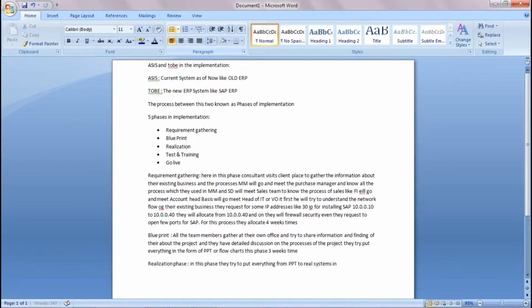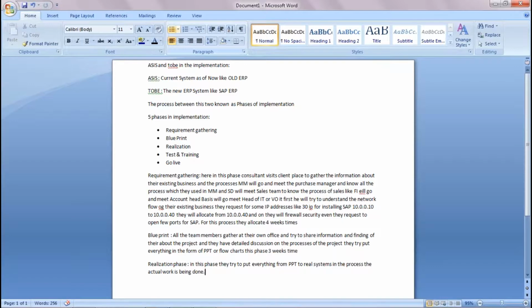In this process, actual work is being done. So what happened? Only in this phase is the actual work being done. Actual work means they have gathered the requirements, and now they have a final blueprint of how the process should be.